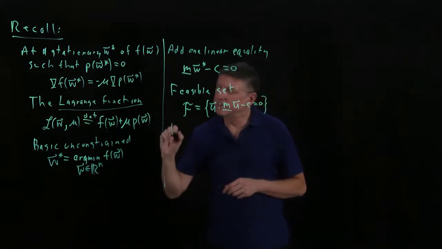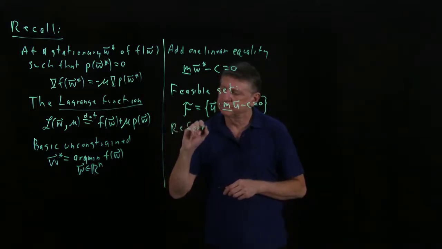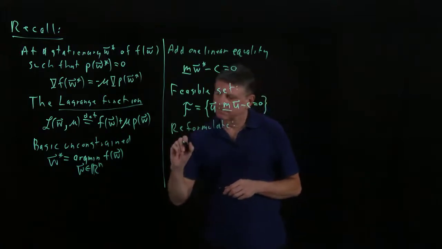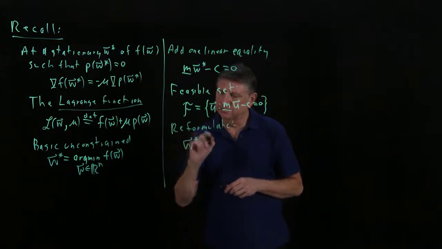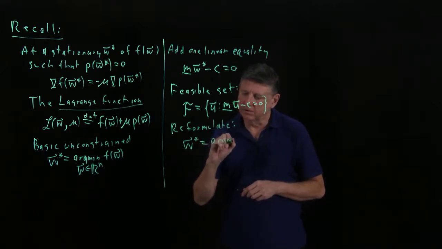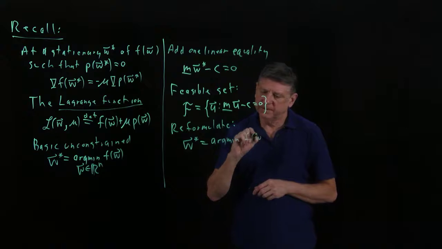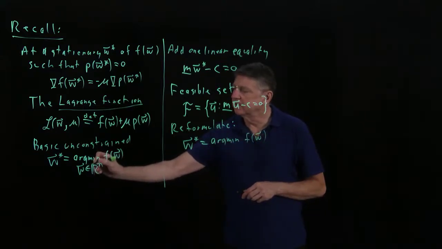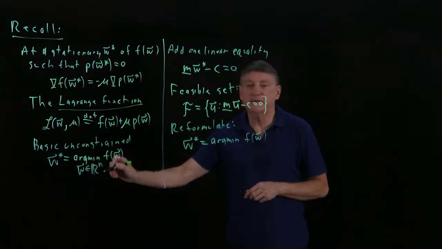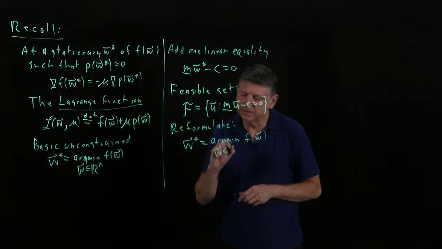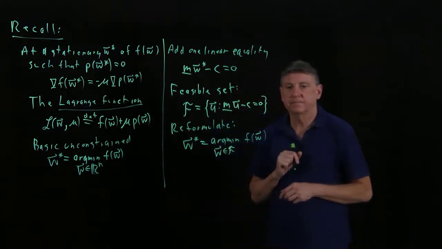And we could then reformulate the problem as the optimal point is the argmin of the objective, but now instead of allowing the vector to go over the entire vector space, we could say that the vector has to be only in that feasible set.